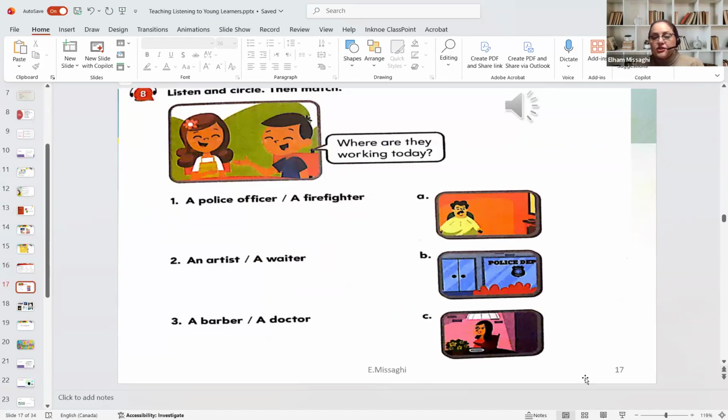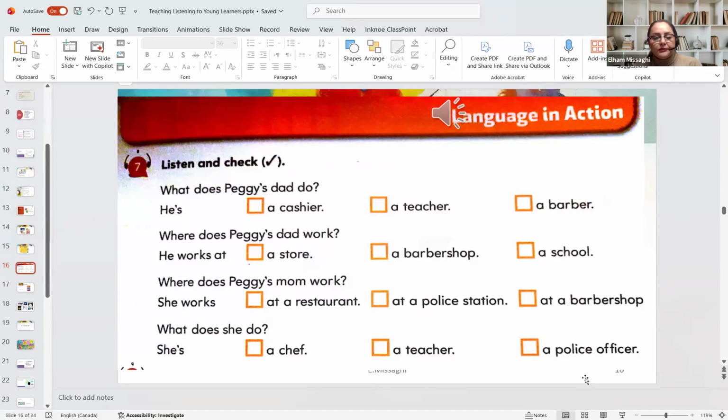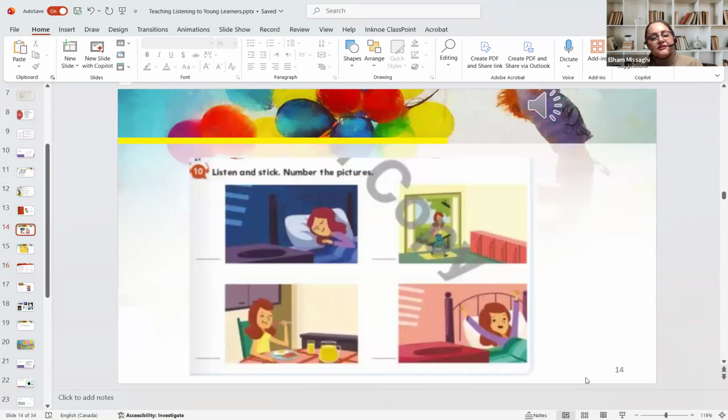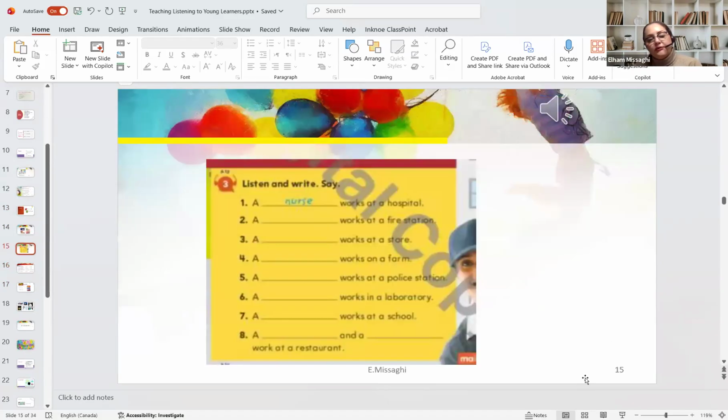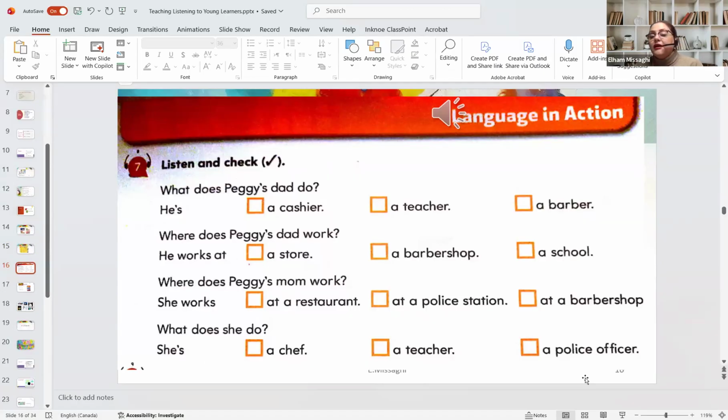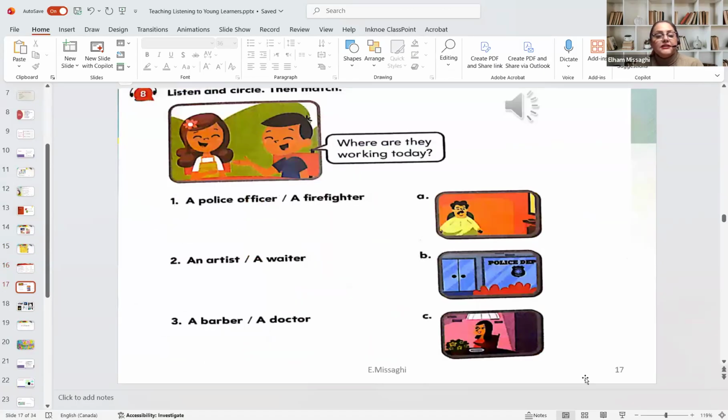Here is another one. Listen and circle. So they listen. I show it from easy to difficult. This is very easy. They order it, they write the words, then they listen and do multiple choice. Here, they listen to different news and it says what happened. What happened at the barber shop?